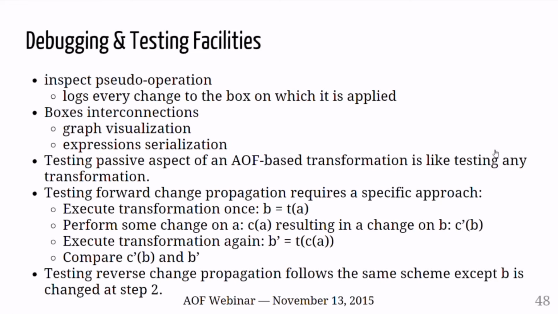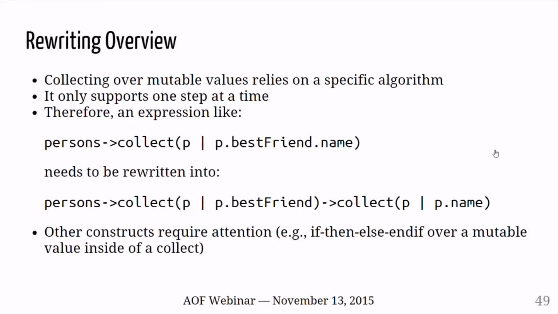There are other things that we could discuss, like rewriting. Basically, when you write OCL, it's much less verbose and much simpler than writing AOF, but it means that to generate AOF from OCL, we would need to perform some static analysis.